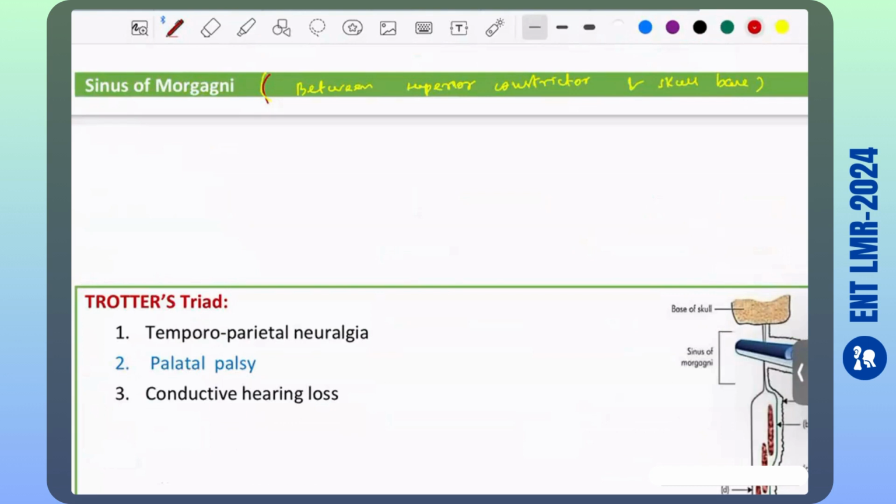If the tumor involves this particular space, the patient will have Trotter's triad positive. In Trotter's triad, there will be temporoparietal neuralgia, palatal palsy, and conductive hearing loss. Very, very important, Trotter's triad, they may ask. Temporoparietal neuralgia, palatal palsy, and conductive hearing loss.